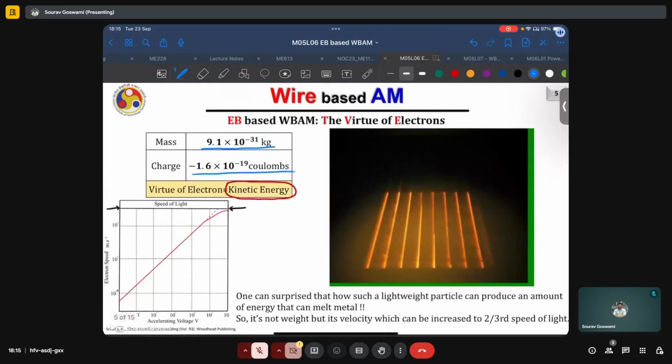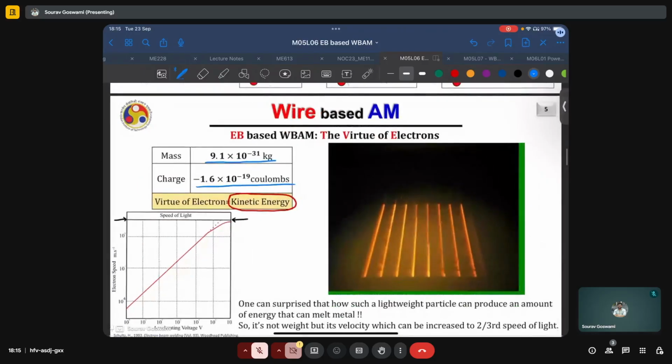And it is because of this velocity which imparts momentum to the electron, which when transferred to a metallic material gives the necessary energy for melting and fusing it. And here, as we can see, it's very common for electrons to be accelerated to approximately two-thirds the speed of light.